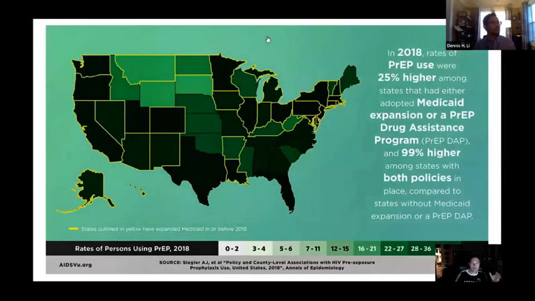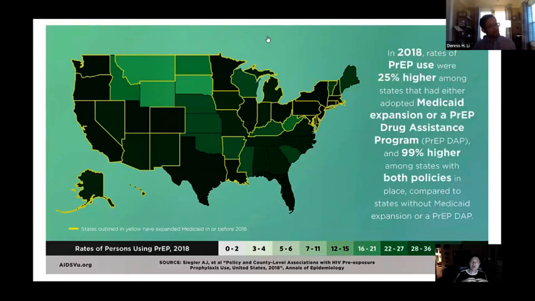This is another infographic from our AIDSView site around the release of our county PrEP level data, and it highlights data from an analysis led by Aaron Siegler that looked at county level data and tried to identify policy factors and county level factors that were associated with higher or lower levels of PrEP use.